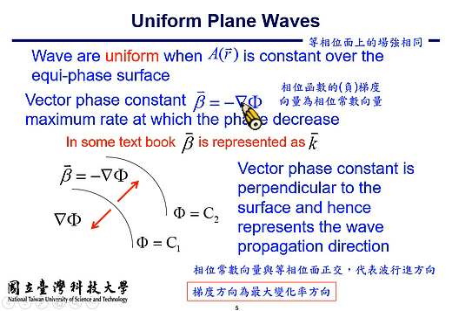Phi is the phase function. 相位函数 phi 是相位函数。相位函数的什么？梯度，OK。我们复习一下 For spatial differentiation operators, you have the curl operator, you have the divergence operator, you have the gradient operator.